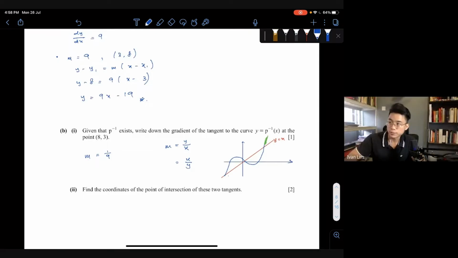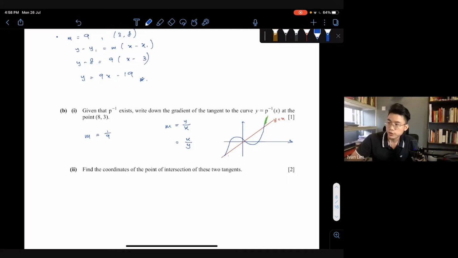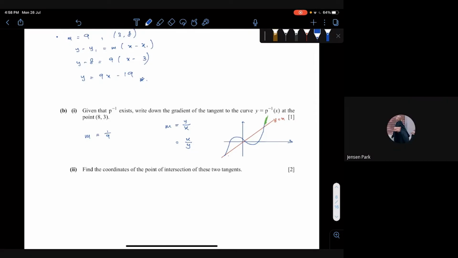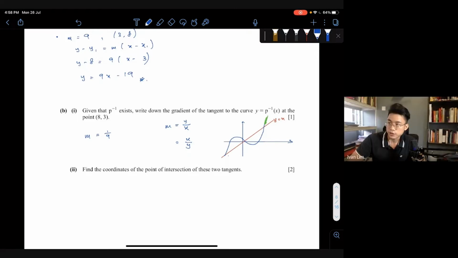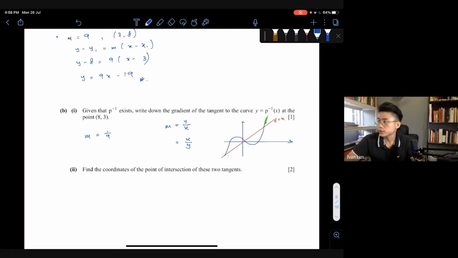What will be my inverse graph? X equals 9x minus 19. How do you find that? Your y is 9x minus 19. You want to find the inverse one, so y equals x. So you change your y to x, so your x will be equal to 9x minus 19.